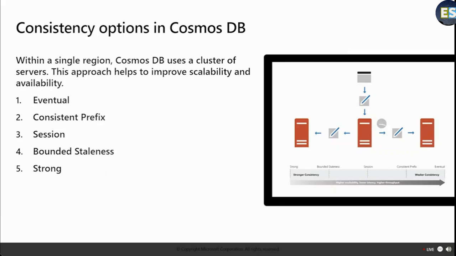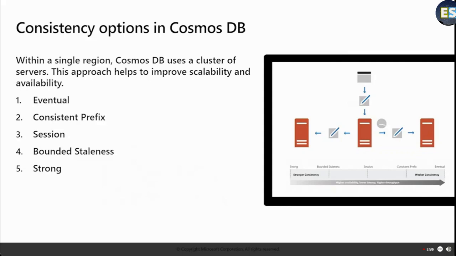Bounded staleness is where there's a lag between writing and then reading the updated data. So you typically specify this staleness as a period of time or a number of previous versions where this data may be inconsistent.